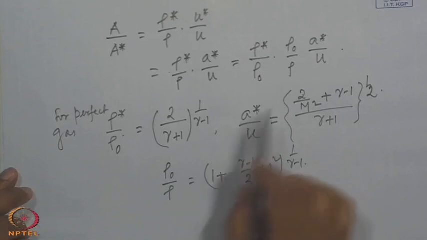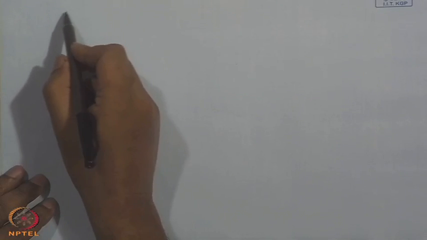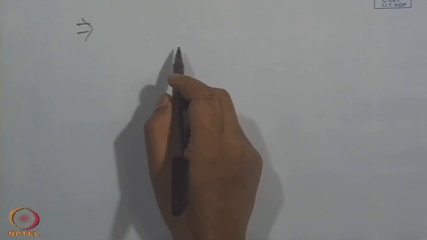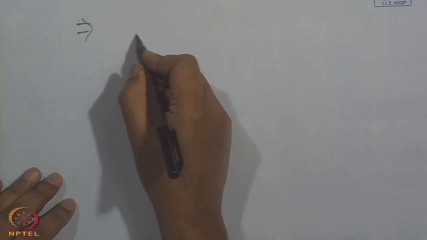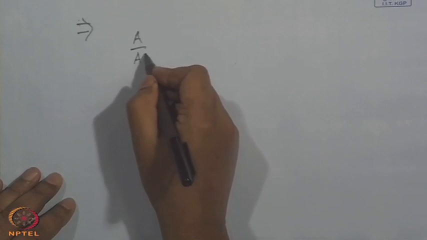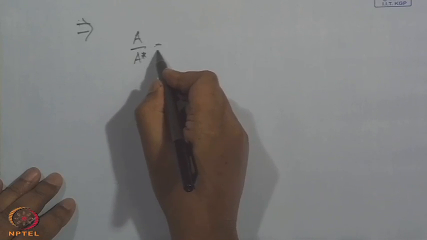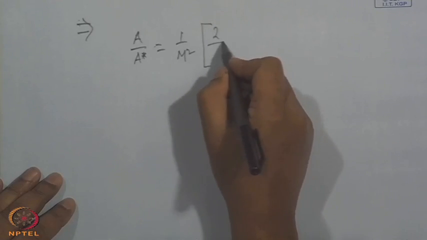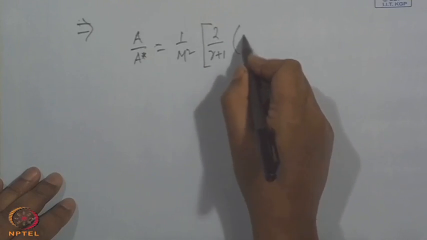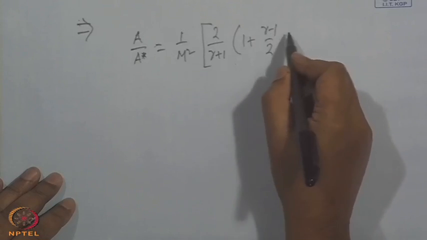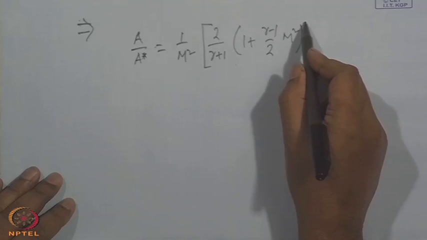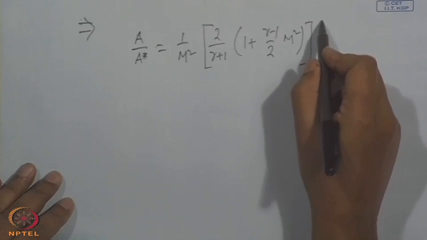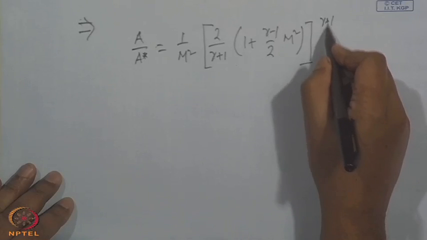Now, substituting these three relations here, we get the isentropic area Mach number relationship as A by A star equals 1 by M into 2 by gamma plus 1 into 1 plus gamma minus 1 by 2 M square to the power gamma plus 1 by gamma minus 1, all to the power half.